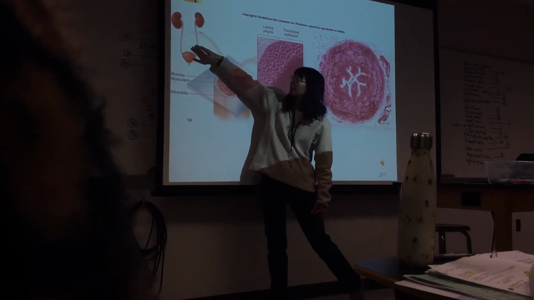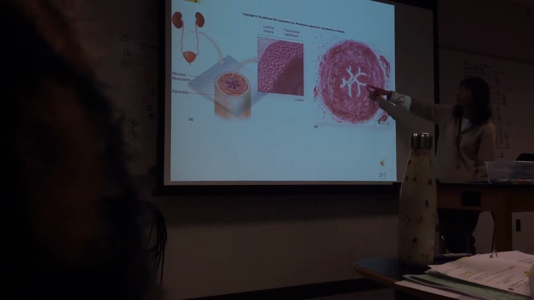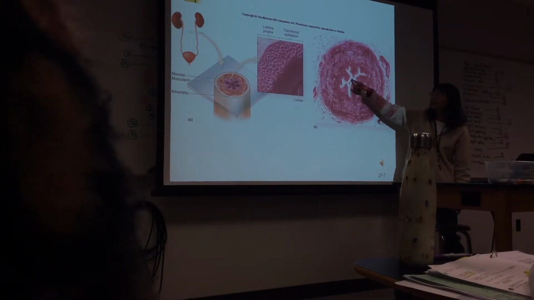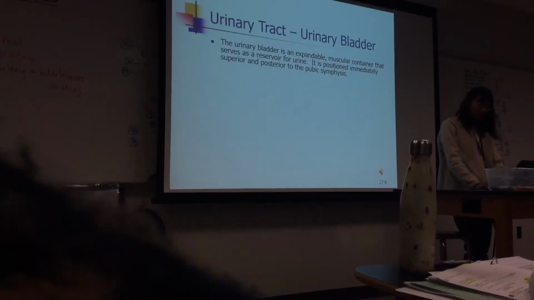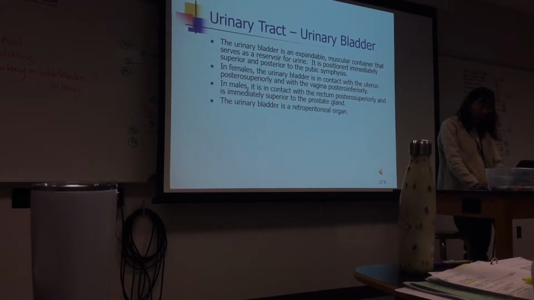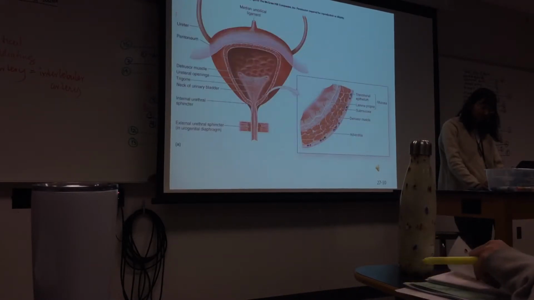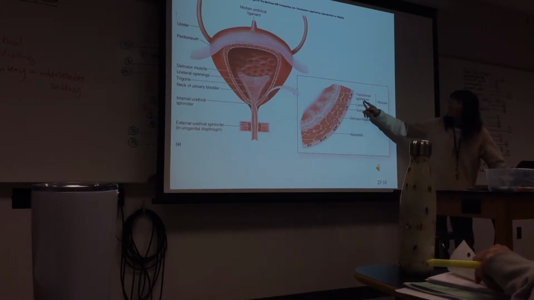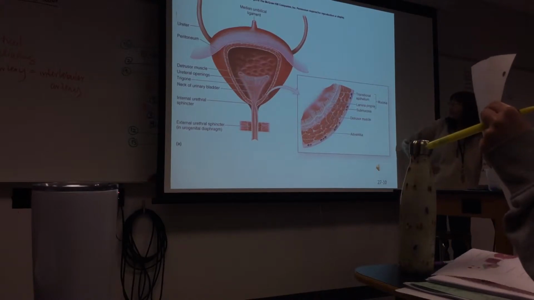The ureter, transitional epithelium. That's what it looks like. So urine can be flowing down these little cracks here, coming down to the bladder. And take a wild guess, what's the epithelium in the bladder? What do you guys think? Transitional as well.